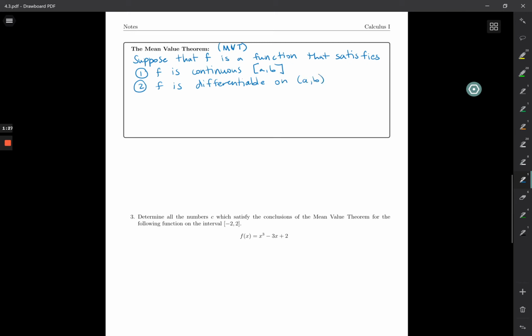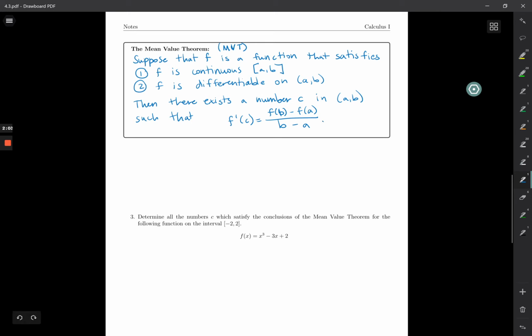Okay, and then if these two things hold, then there exists a number c in the open interval a to b such that we get f prime of c is equal to f of b minus f of a over b minus a.